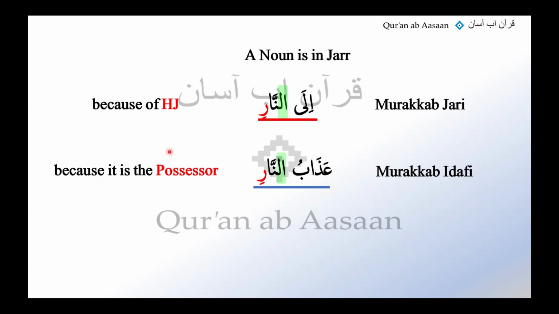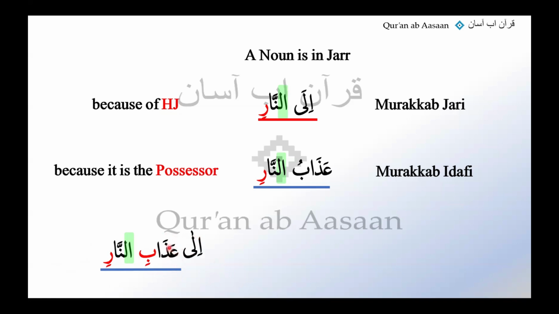We analyzed several examples in class today. Alhamdulillah, you did very well with all the analysis. Like we did Azabin Nari, where the noal noth, no tanween possessed noun, Azabi, is also in jar. We first colored it and understood that it is a murakkabe idafi, and then we learned that this Azabi could also be in jar because of a harf jar behind it.